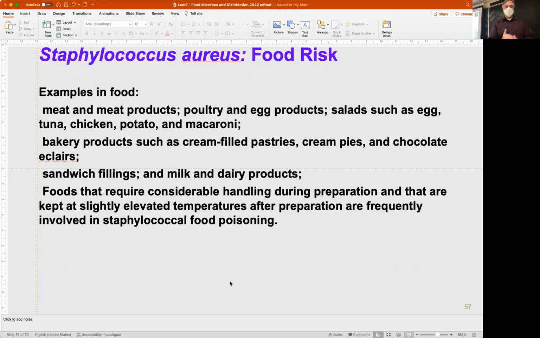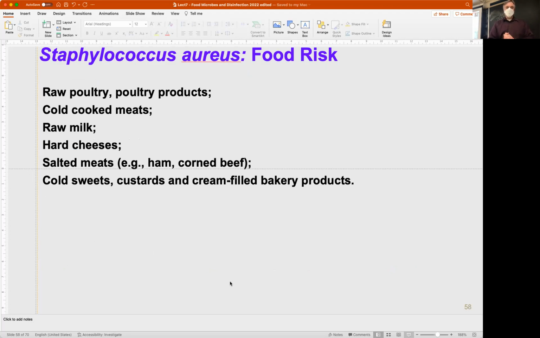Staph can occur in meat and food products, poultry, eggs, salads, potato, macaroni, anything with a cream filling, cream pies, chocolate eclairs, milk products, and any food that requires lots of handling. Food risks include poultry, cooked meats, raw milk, especially hard cheeses, salad, and cold sweets.